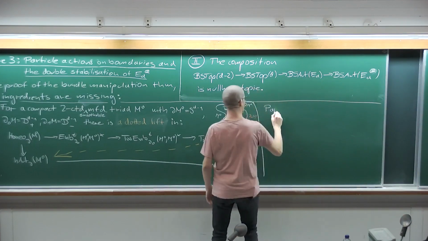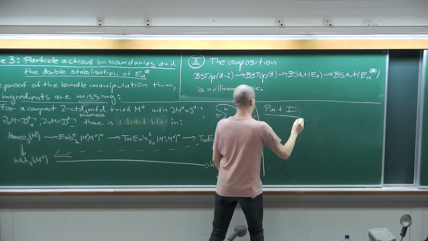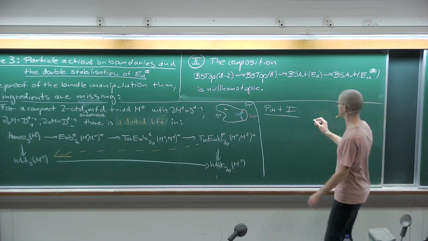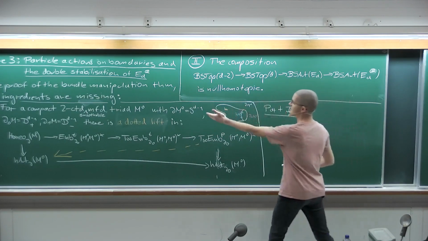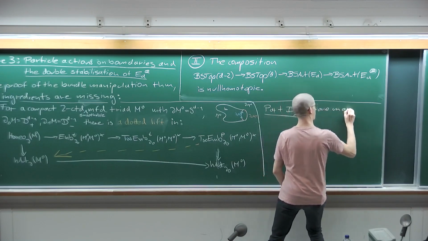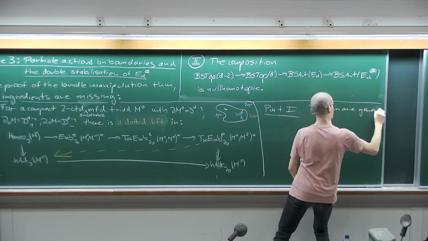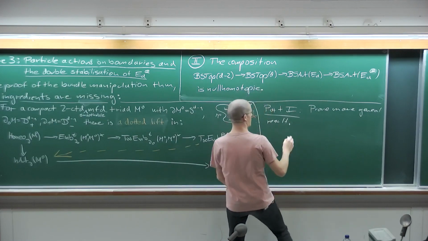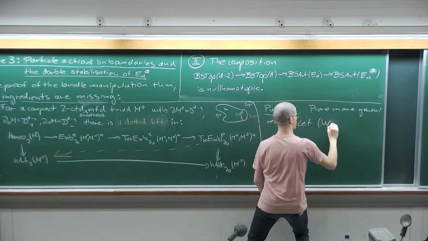Let's start with the first part. And I'm going to construct this lift by proving a more general result that applies to more general types of triads than those. So let's pick a triad.